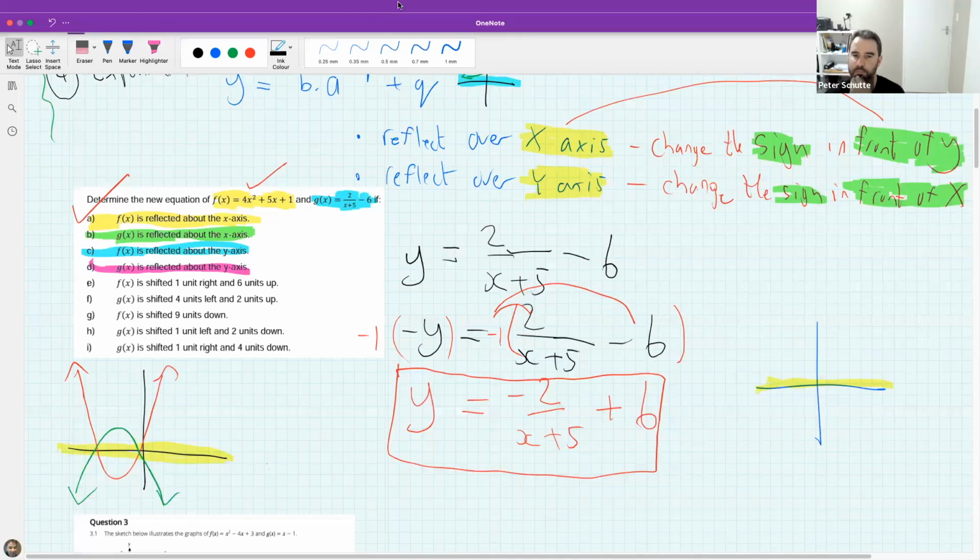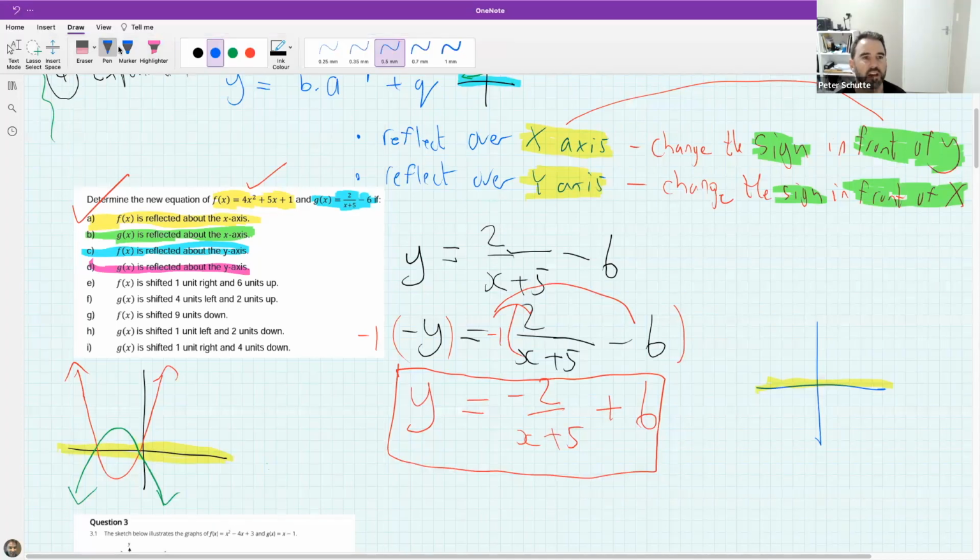Why does the denominator stay positive? Oh, that's a fantastic question, Caitlin. The reason it stays positive is you can think of minus 1 over 1 as the same as minus 1. So first of all, you have to be happy with the fact that minus 1 over 1 is the same as minus 1.